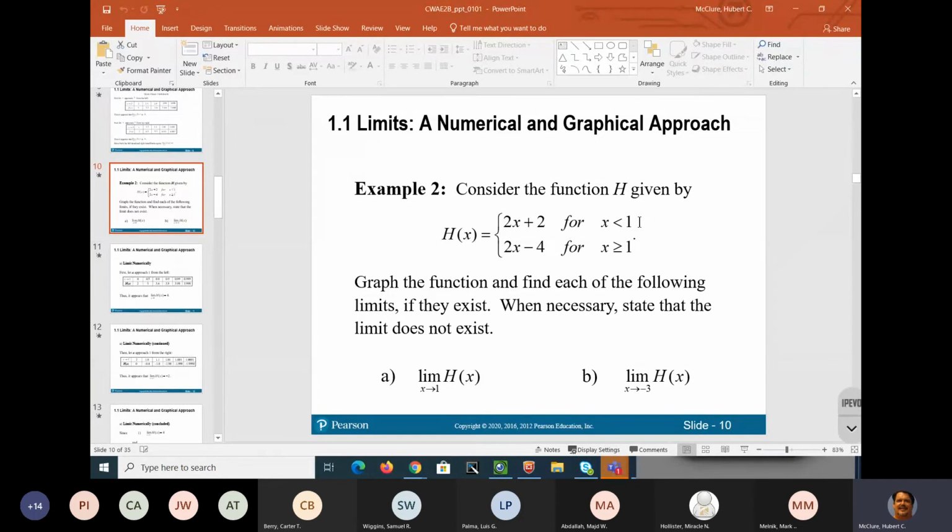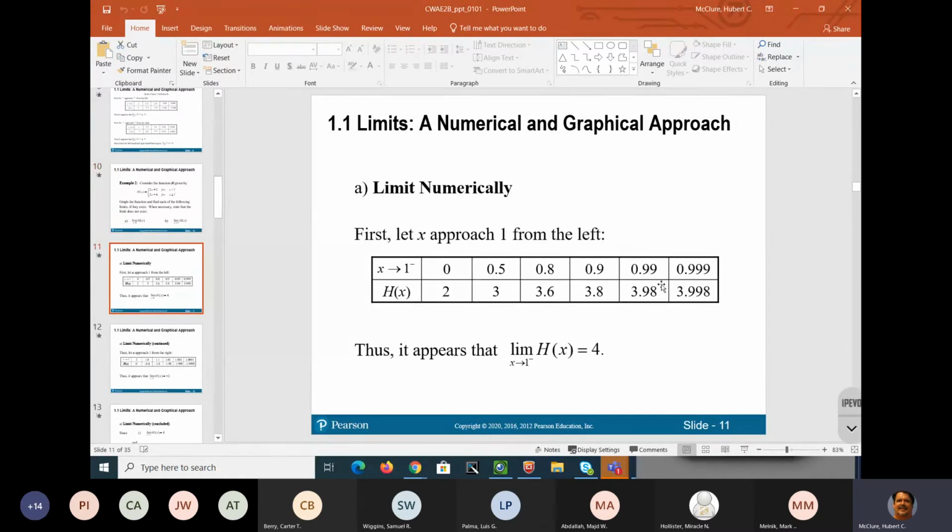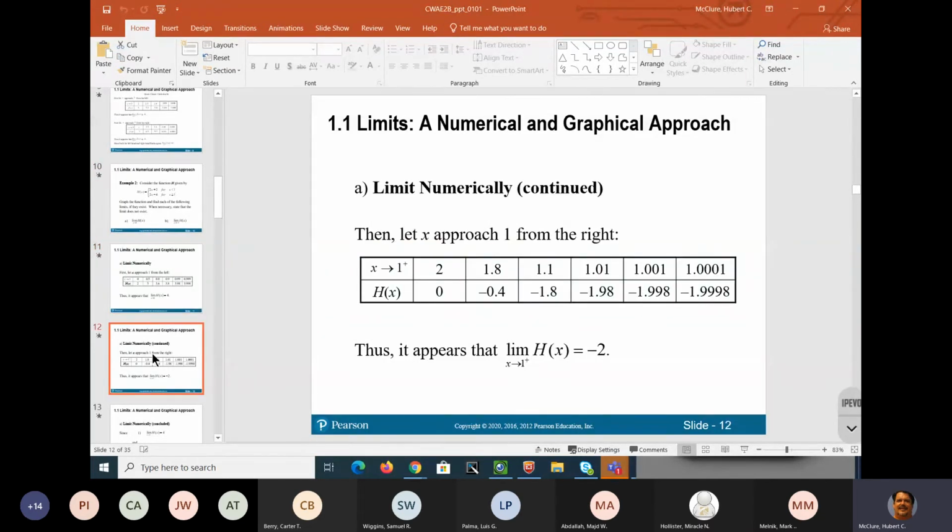And if x is above 1, you can plug in 1.00001 and plug that in there. That's what they're going to show you here. Like right there, it's 0.9999. You're approaching 4. And on the other side, as you get higher and higher, you're approaching 0. So they're trying to show you convergence.